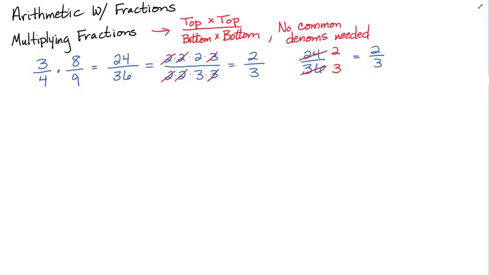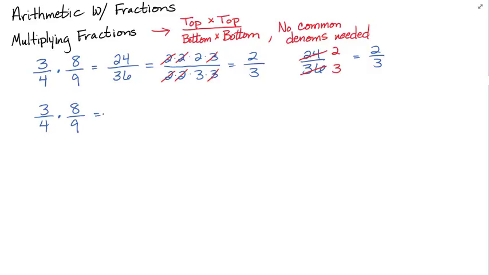Okay, now let's look at it again, because there's something special that we can only do with multiplication that we can't do with anything else. And that special thing is we can simplify before we multiply. And if we do that, then we don't have to simplify after we multiply.